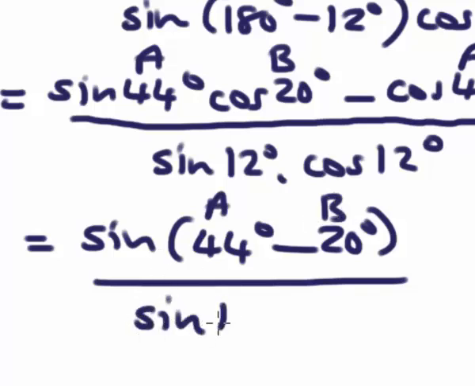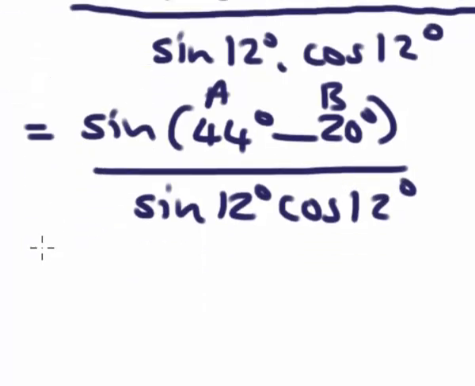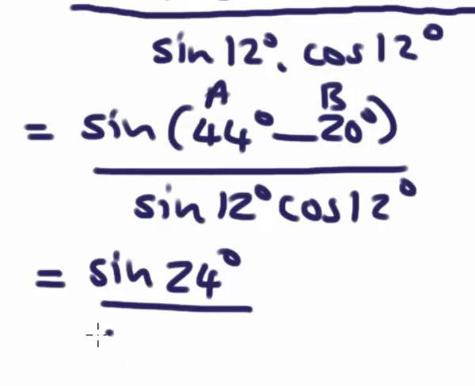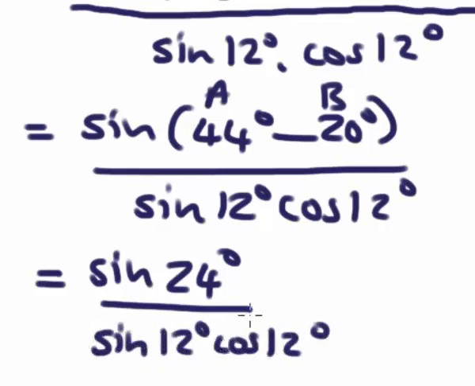Sine 12, let's leave it alone. Not much you can do there. And then what is the sine of 44 minus 20? That becomes the sine of 24, divided by sine 12 and cos 12 degrees. Now your problem is that these two don't add up to 90, so we can't use the grade 11 cofunction rules.